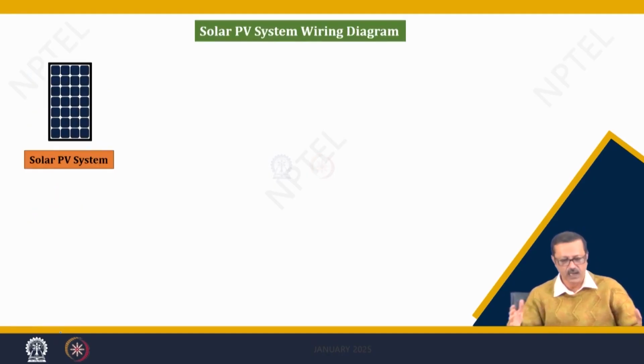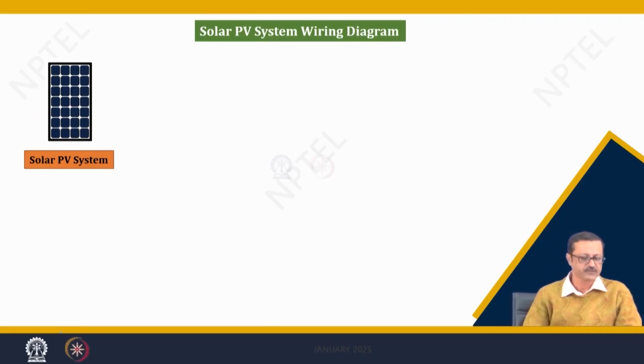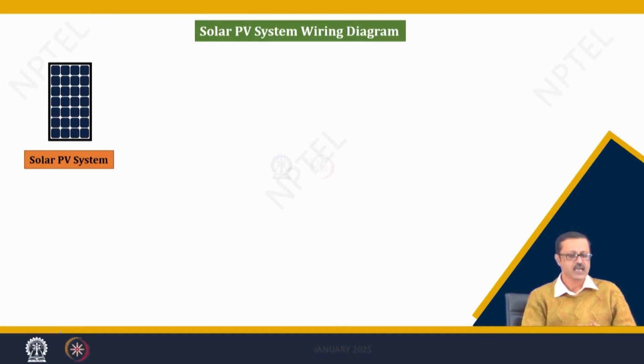Now let me see how this circuit is arranged and what the work of each component is. First of all we have the solar PV that we have discussed, and we can put in as many solar PV modules as per my demand and the area or space available.